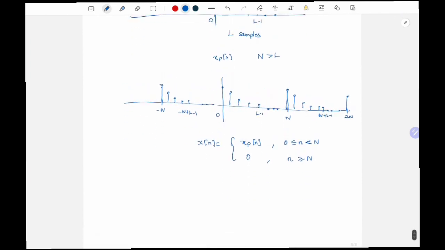But in the other case, if my N is less than L, this was for N greater than L. If N is less than L, then what happens? You can see that this thing will start to merge. So this is L minus 1, this is 0, and let's say my N starts somewhere here. Then you can see my samples start to get merged, or we call it time aliasing.